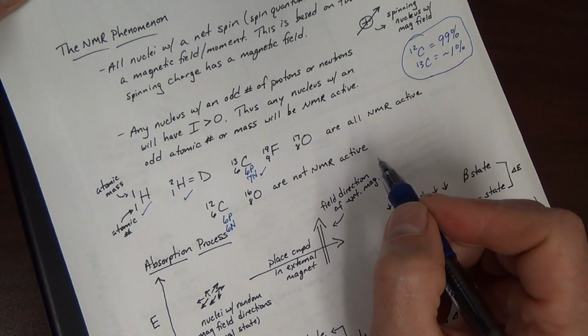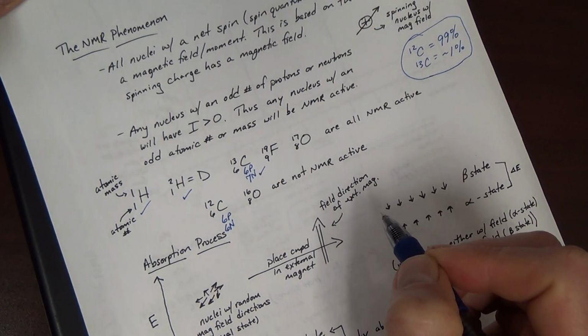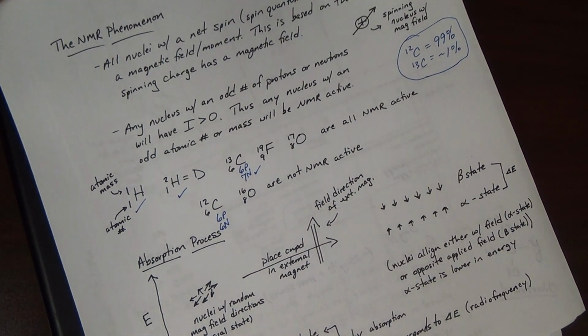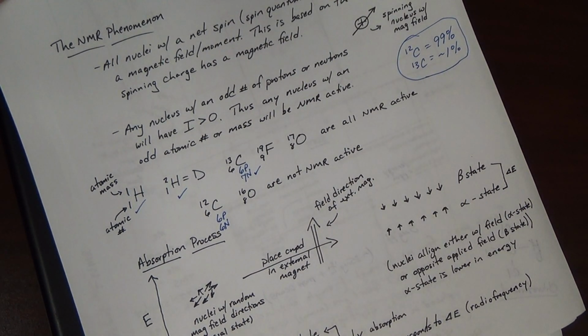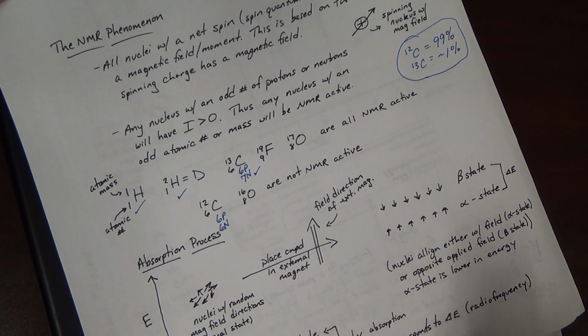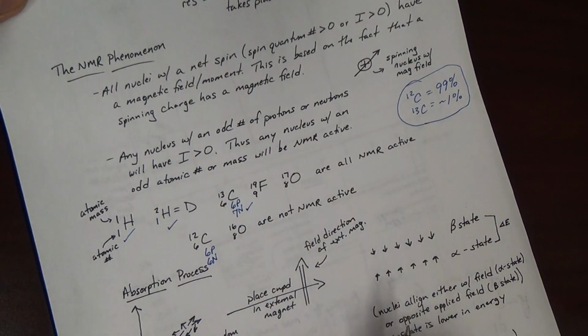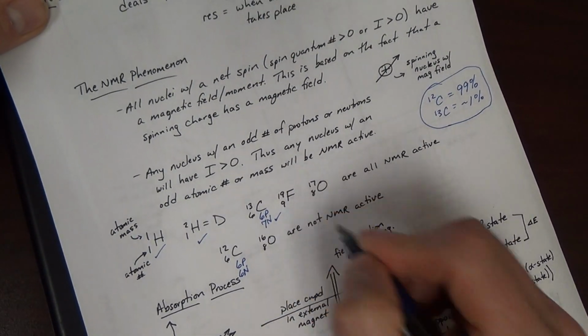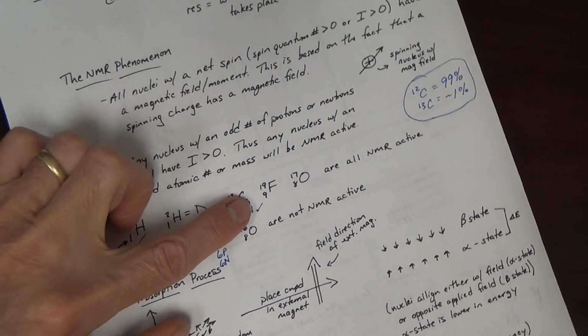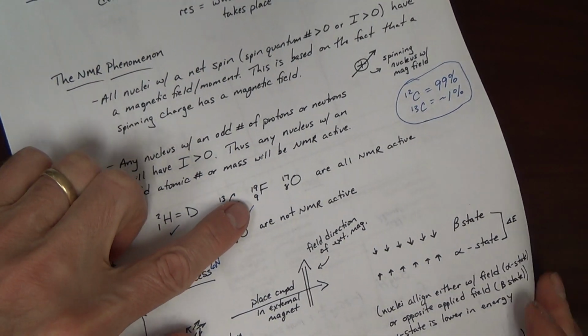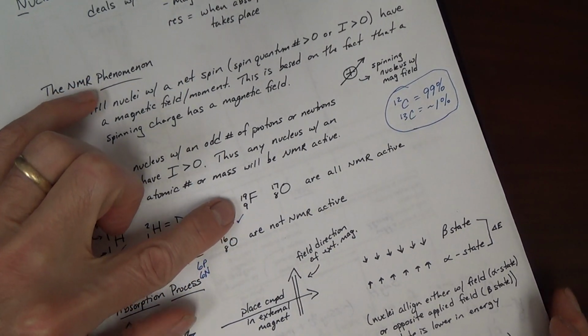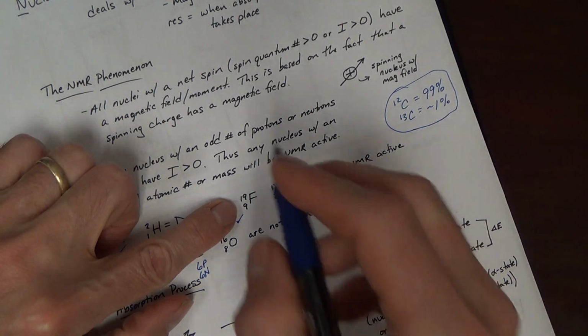What other atom types can we do NMR on? It turns out you can do NMR on just about any element on the periodic table, as long as you have the right isotope. The isotope must be NMR active, and we talked about how you determine that. Fluorine is commonly done. The most common isotope for fluorine is fluorine-19.